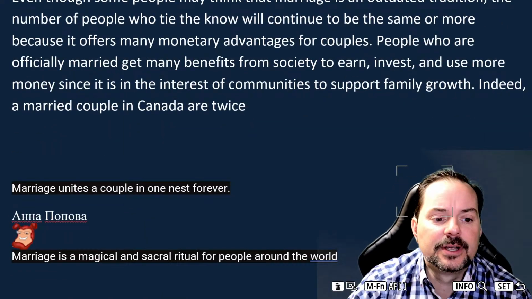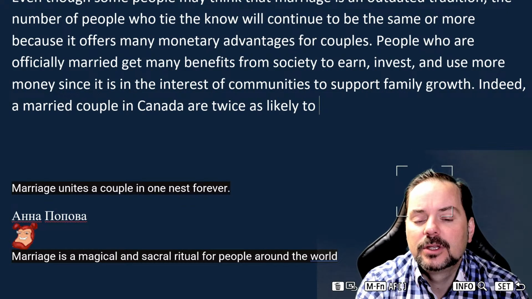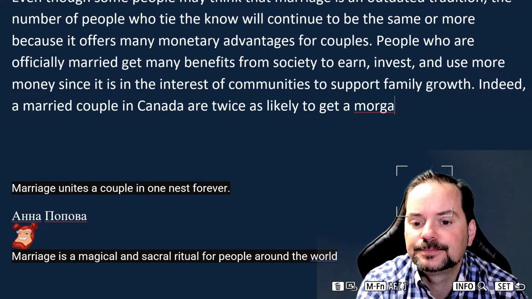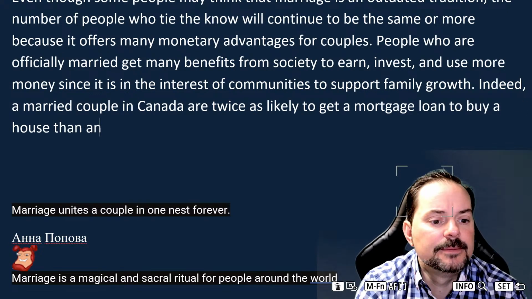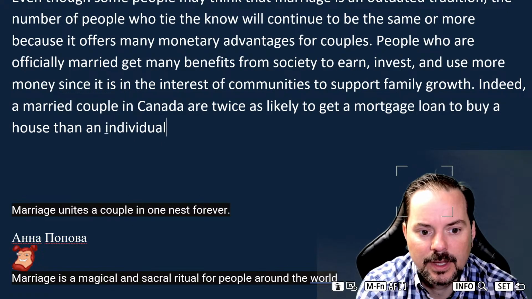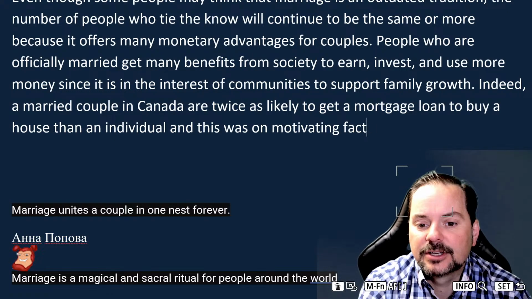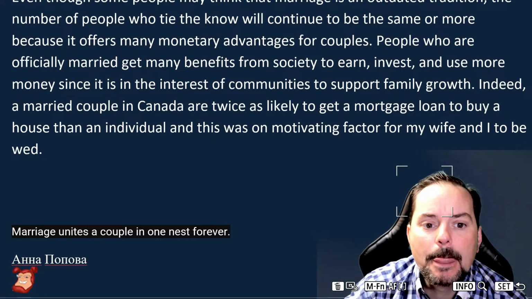Indeed, in Canada, a married couple are twice as likely to get a mortgage loan to buy a house than an individual. And this was one motivating factor for my wife and I to be wed.